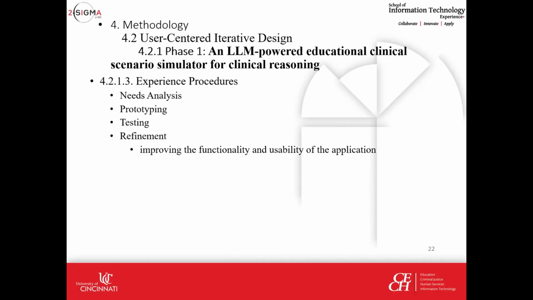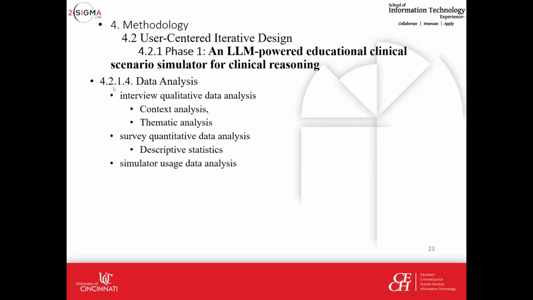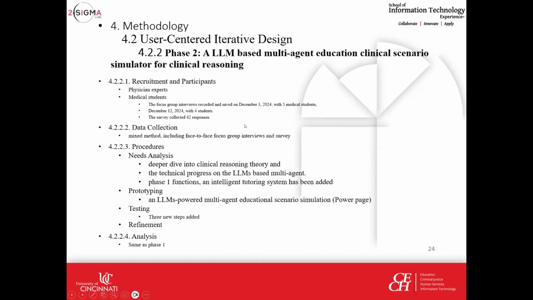And then refinement is improving the function and usability. This is the data analysis. We have three kinds of data analysis, including the interview data, the survey data, and also the usage data. And this is phase two. Phase two is pretty much similar to phase one.